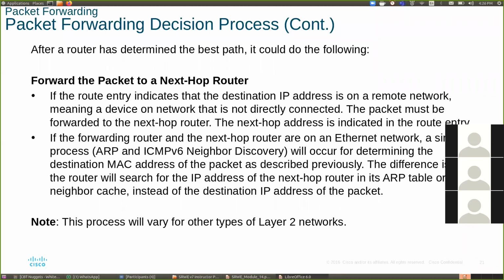The next hop router means the next closest router, and the router forwards that packet to it. That is one thing the router could do.